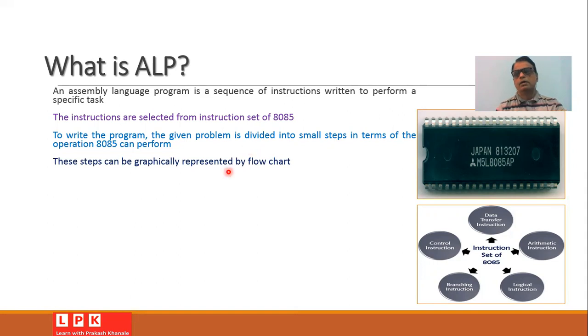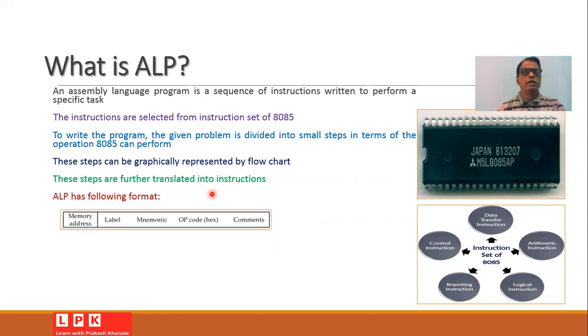Once you have prepared these steps, it can be called an algorithm, and this algorithm can be graphically represented by a flowchart. Once you have prepared a flowchart, each step in the flowchart can be further translated into a sequence of instructions.